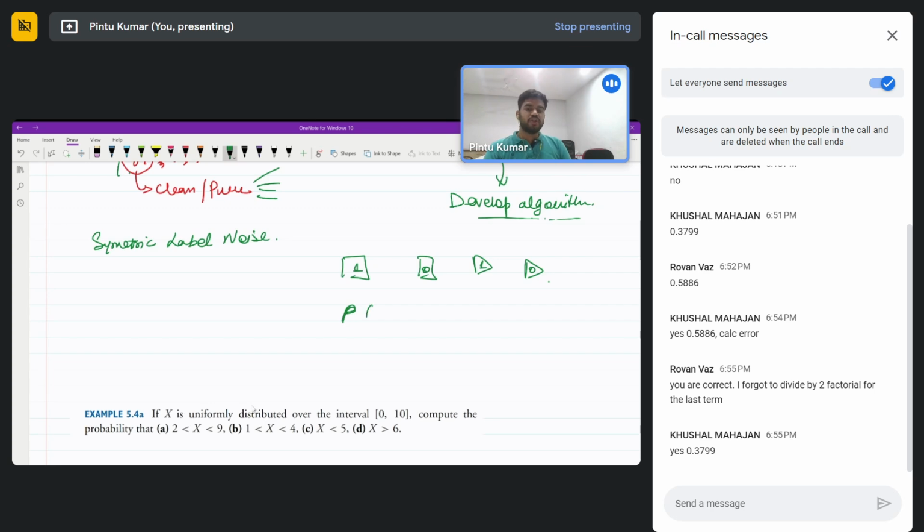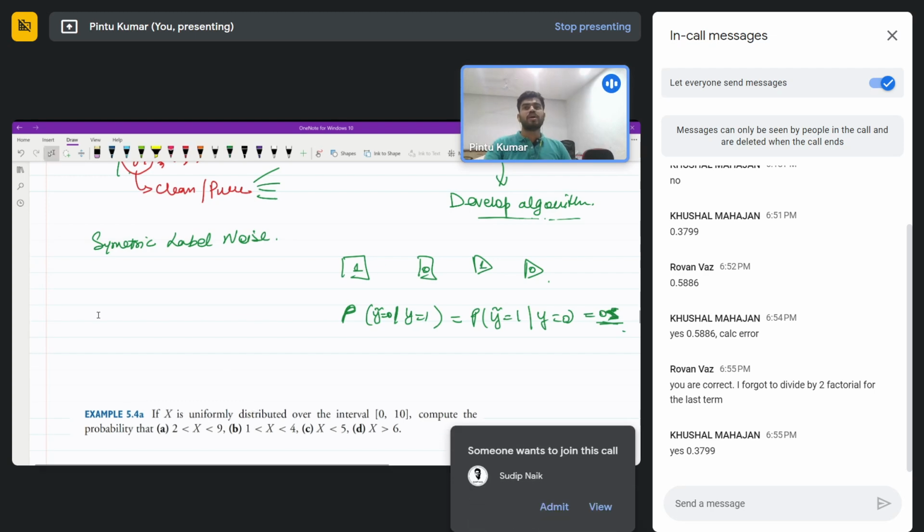If your existing label is, let's say, 1, then your modified label will be 0, or vice versa, with probability, let's say, 0.5. So with 50% chance it will flip your data point. Now if you want to create such data where with 50% chance you flip the label, how can you do it?